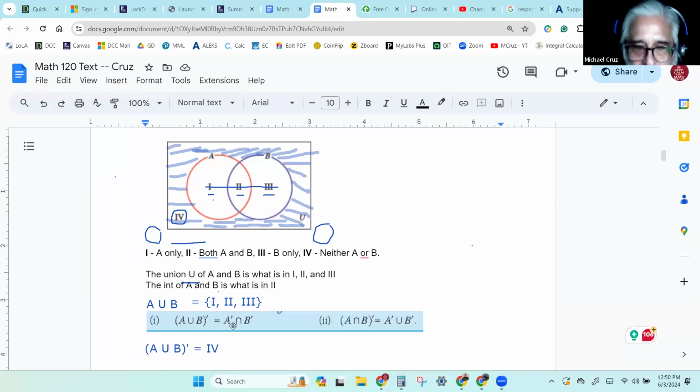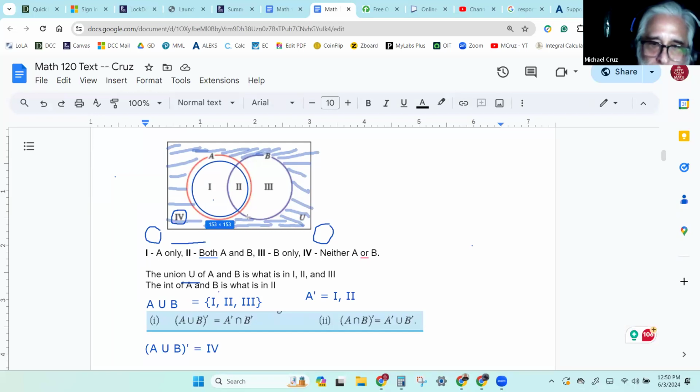Now I'm going to do it like this now and find out what A complement is. So I'm working on the right-hand side. So that's just 1 and 2 that make up A. See, here's A right here.